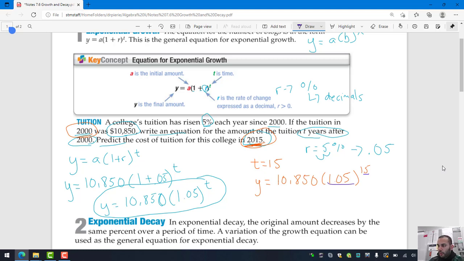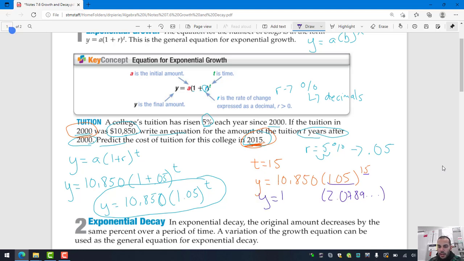Use a handy calculator, 1.05 raised to the 15th. You should get this ugly decimal. It'll be something like 2.07892, and it goes on for a while. I know it's ugly, but it doesn't really matter.